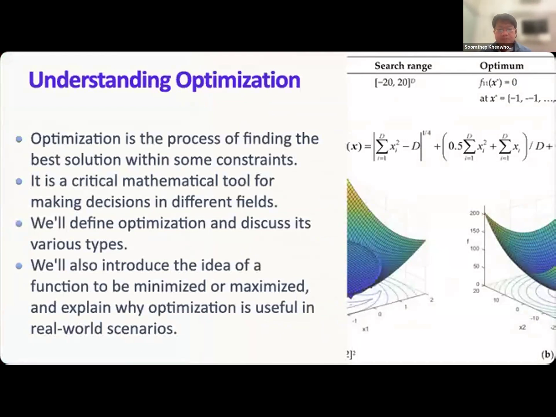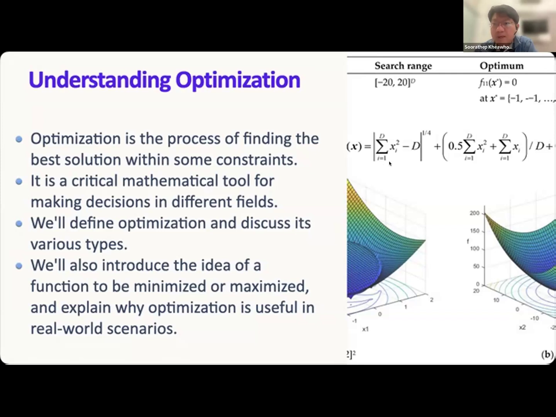So what is the optimization problem? Optimization, as written here, is a process of finding the best solution within some constraint. So we don't focus only on the minimum or maximum, but we also consider the constraint.